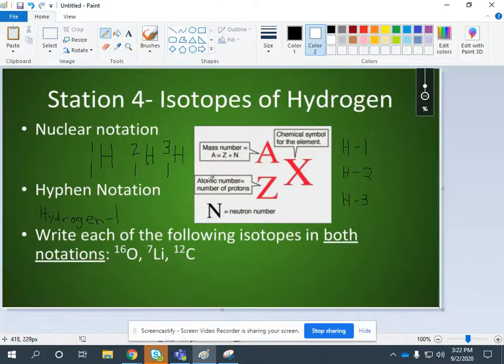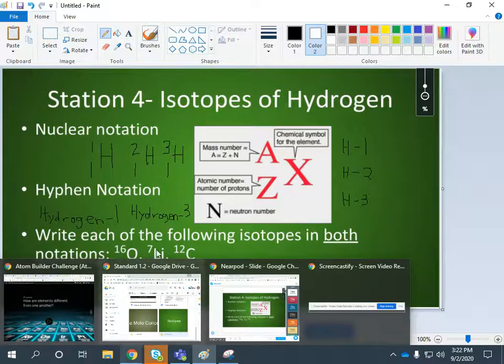Okay? If I'm writing out the hyphen notation for deuterium, I do the same thing. I write the full name of the element, hydrogen, and a hyphen or a dash, and the mass number of 3 for tritium. If I were to do deuterium, it'd be a mass number of 2. Okay?